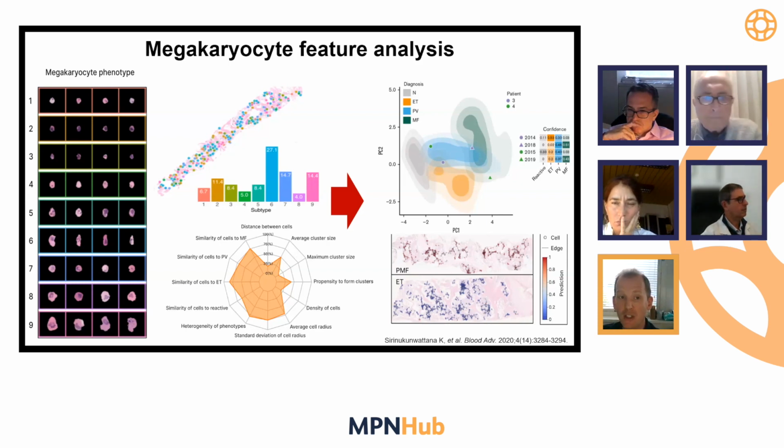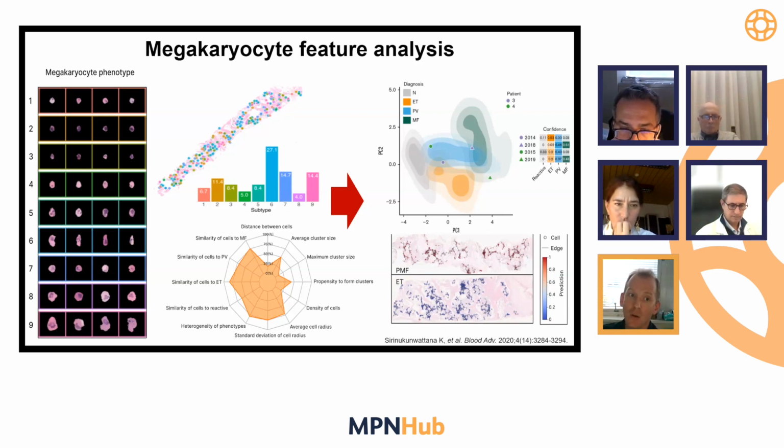Both these patients were diagnosed, well, in green, the patient had a diagnosis of polycythemia vera, and in blue, ET. And after 4 years, on a subsequent trephine biopsy, we saw a significant shift in the morphological and topological features of the megakaryocytes.